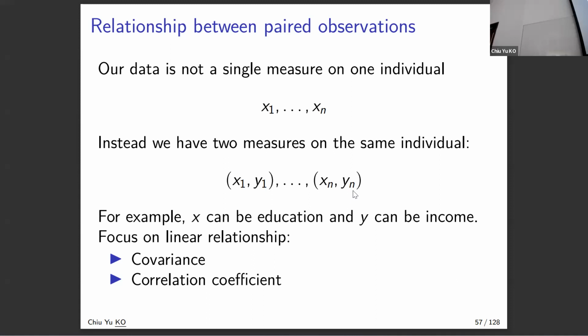So what you're going to do is to collect the data for each individual, right? Your 2 data point, right? You ask, what is your GPA and what is your salary of your first job, right?